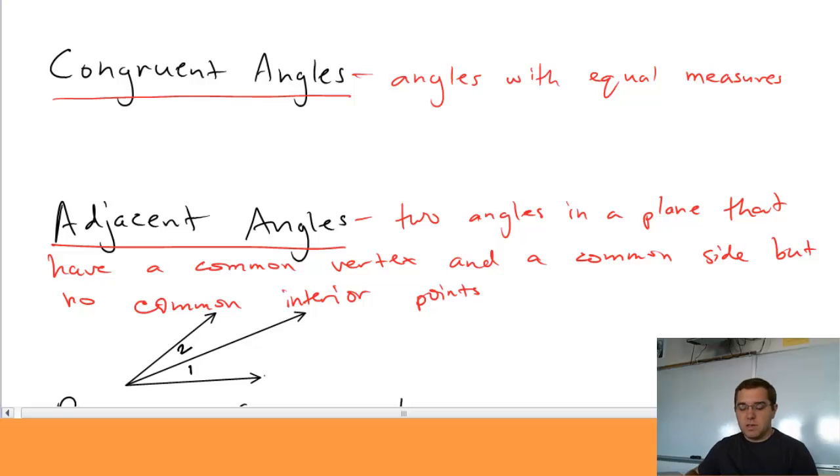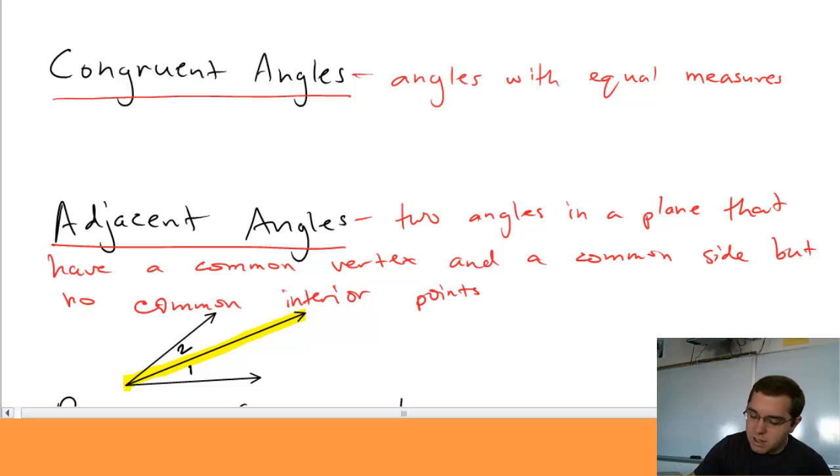Angle 1 and angle 2 are adjacent angles. They share a common vertex, this vertex right here. They share a common side, this ray in between them. And they don't share any common interior points. It means there's no points on the inside of the angles that are shared between the two of them.